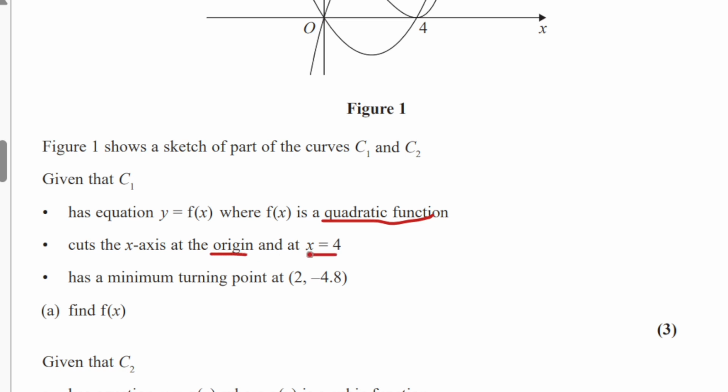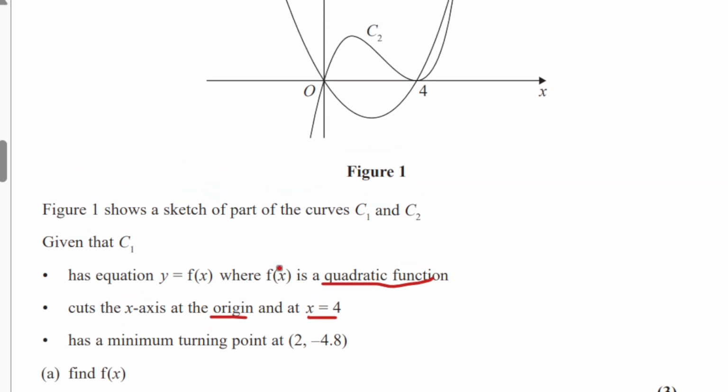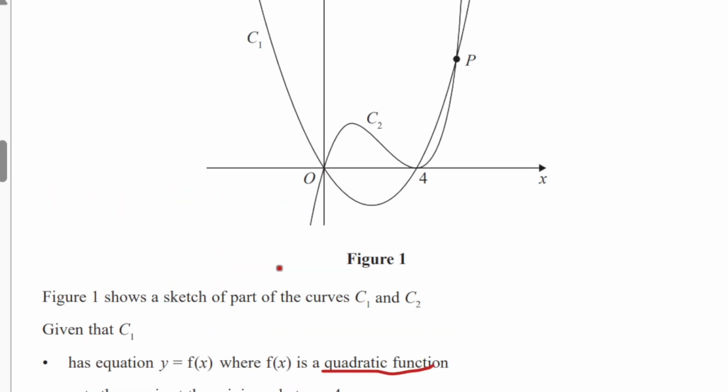Before we proceed, what does this mean? That means this function, the quadratic one, has two zeros, x equals 0 and x equals 4, right? What will this help me with?